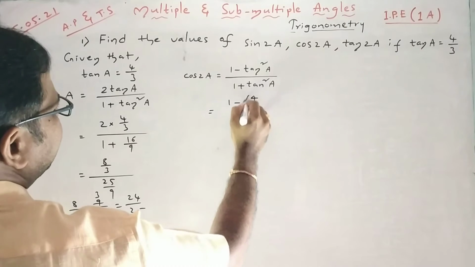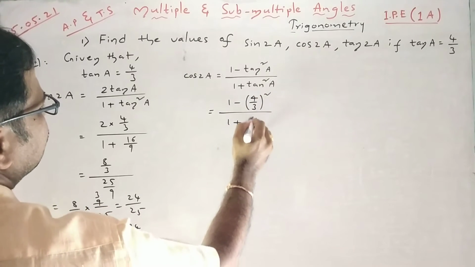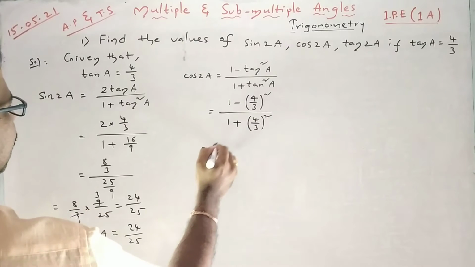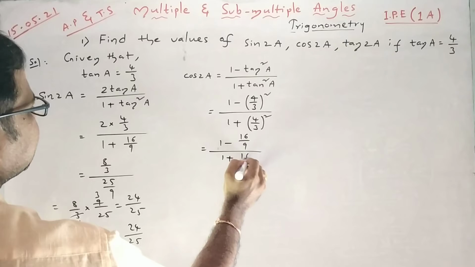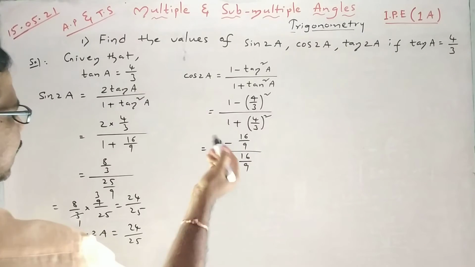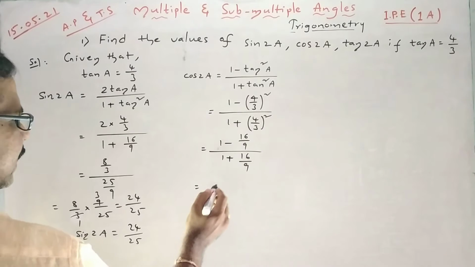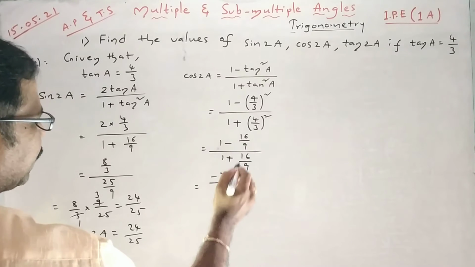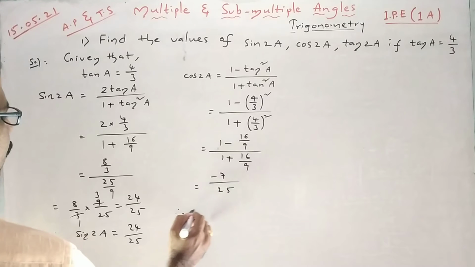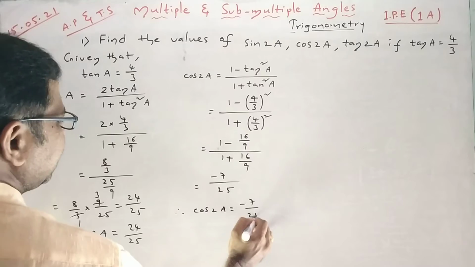So 1 minus 4 by 3 whole square upon 1 plus 4 by 3 whole square. 1 minus 16 by 9, this is 1 plus 16 by 9. Take LCM. So we will get 9 minus 16, that is minus 7 by 25. Therefore, cos 2a equal to minus 7 by 25.